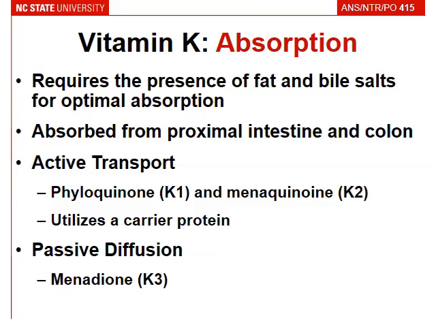Because we're able to absorb it from the colon, we can meet the majority of our dietary requirement from our microflora synthesis of the menaquinone without having to practice coprophagy, which is different compared to some of the other microflora synthesized vitamins.